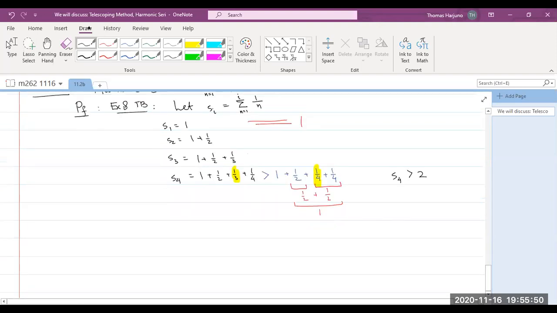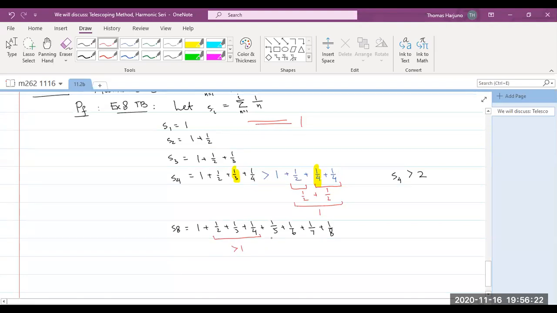Now, let's take a look at what happened with S8. If I go all the way to S8, there will be 1 plus 1/2 plus 1/3 plus 1/4 plus 1/5 plus 1/6 plus 1/7 plus 1/8. Now, we have seen that this gives us greater than 1, right?